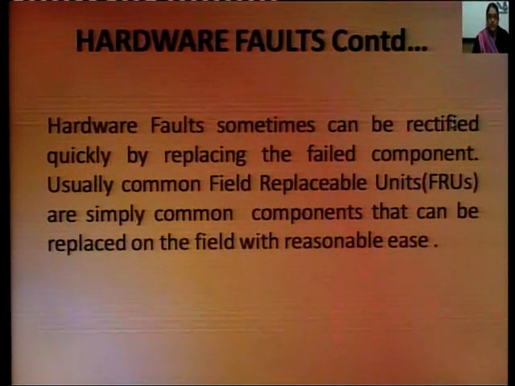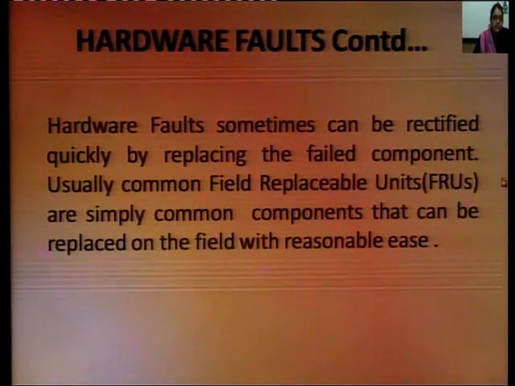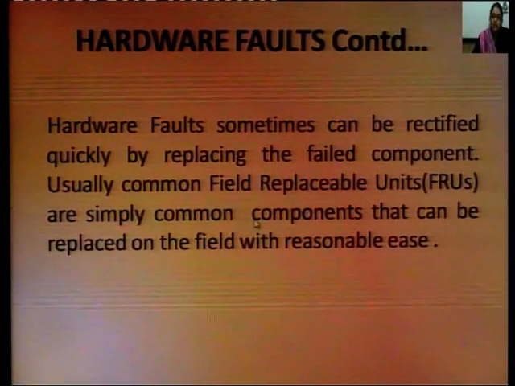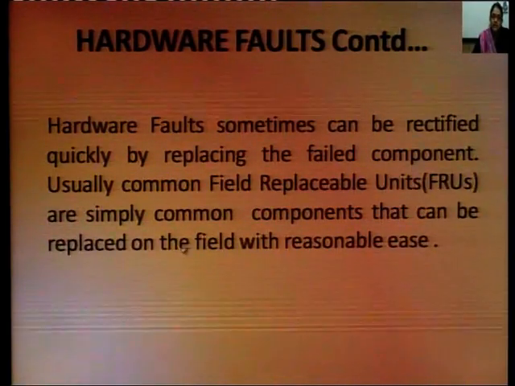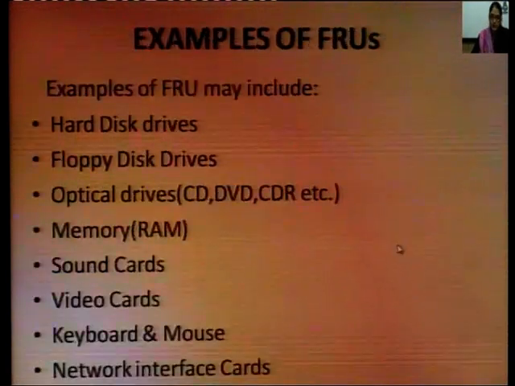Hardware faults can sometimes be rectified quickly by replacing the failed component with a new one, usually a common field replaceable unit, that is, FRUs. These are simply common components that can be replaced in the field with reasonable ease.